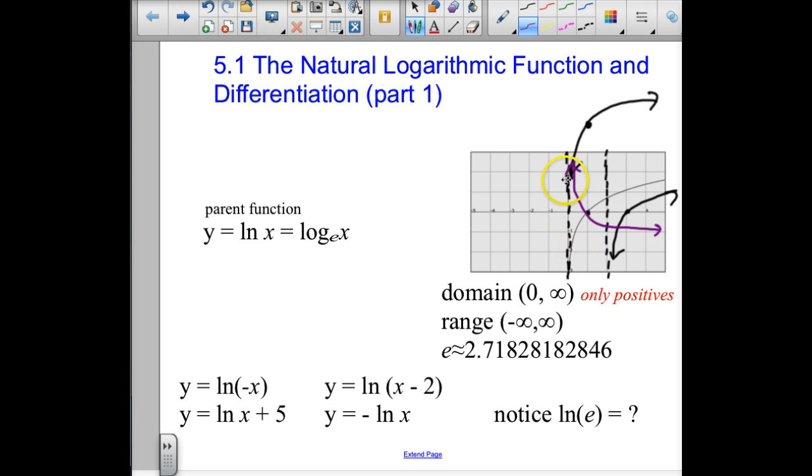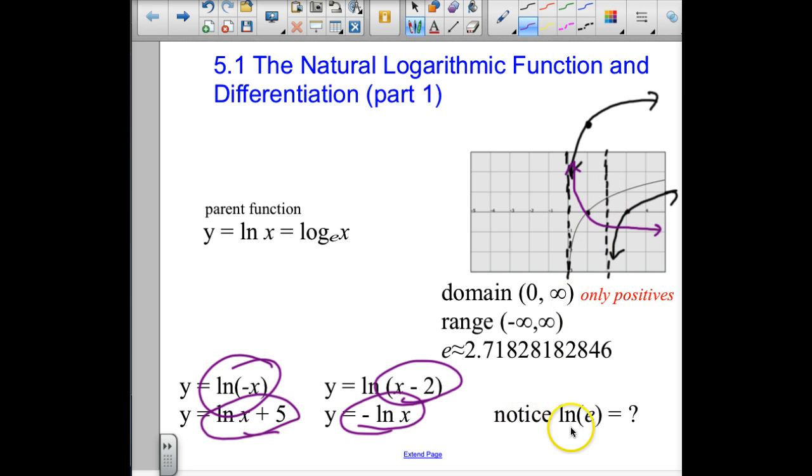It's got an asymptote. That asymptote will move right or left depending on if you add or subtract a number inside. It moves vertically if you add a number outside. If you multiply it by a negative, it reflects over the x-axis. And if you multiply the number inside by a negative, it will reflect it over the y-axis.